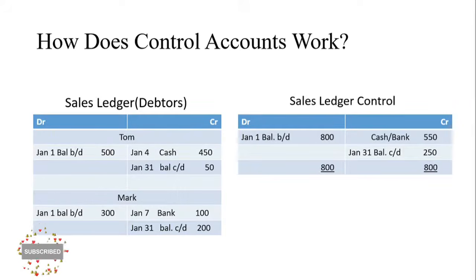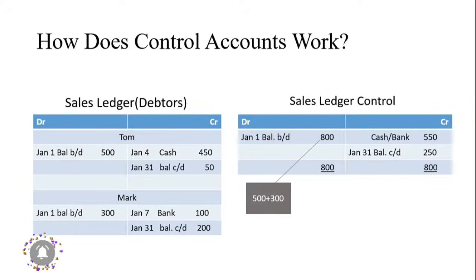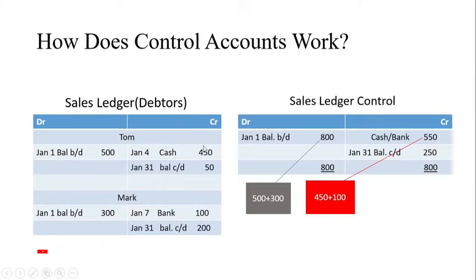Now, that $800 there on the debit side is a summation of the 500 and the 300, which are the opening balances for Tom and Mark respectively. On the credit side, we add the $450 for Tom and the $100, and we get $550. And we have cash and bank, because Tom paid in cash and Mark used a check.